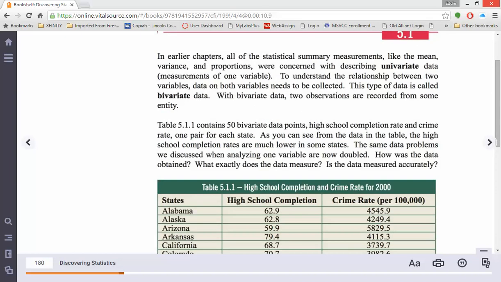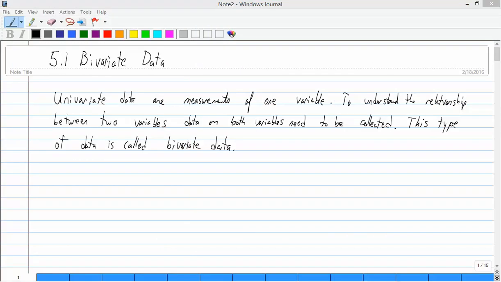Okay? And so one way of displaying that data is by using scatter plots. And this is 5.2. Alright, a scatter plot, and you may also see it called a scatter diagram, but probably you'll just see it called a scatter plot.